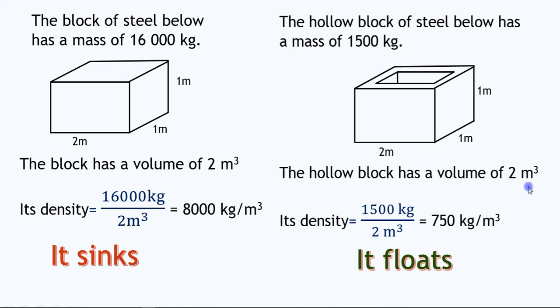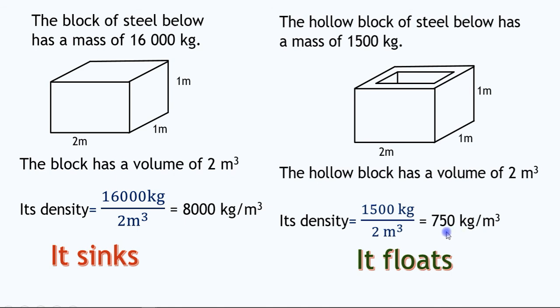However, its mass is much smaller because it is hollow inside. If we calculate its density, it's 1500 kilograms divided by 2 m³, and this is equal to 750 kilograms per m³. So now this hollow block of steel will float on seawater because its density is much less than that of seawater.